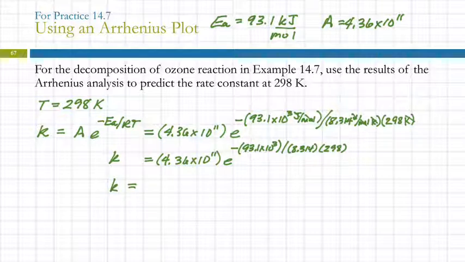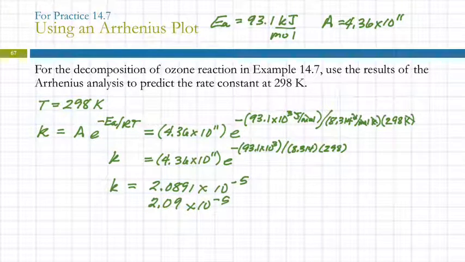And I get that k equals 2.0891 times 10 to the minus 5. So we'd probably say it's about 2.09 times 10 to the minus 5. The rate constant has units, but like we discussed earlier, we can't really identify what they are here because we don't know the order of the reaction. Anybody else get that number, or did I screw it up? Okay.